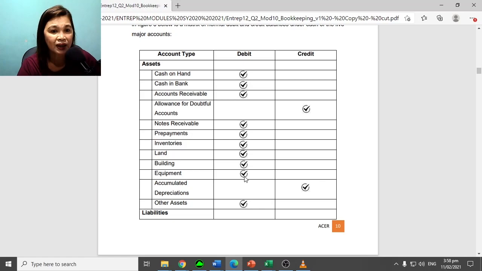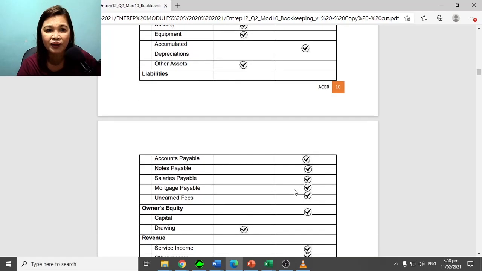So meaning to say, the cost of equipment becomes lesser. So you are going to deduct the accumulated depreciation from the equipment. So when you show this in your balance sheet under assets, equipment less accumulated depreciation. That is why it is found on the credit side.